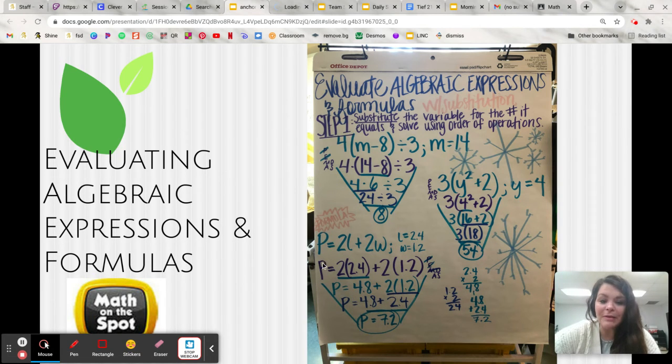I'm going to rewrite the P, which stands for perimeter, because I don't have anything over here that tells me what P equals, so that means I'm solving for P. So P equals 2 times, instead of L, I'm going to put 2.4, plus 2 times 1.2 because W equals 1.2. Then I write PEMDAS just like before and solve it, where P equals 7.2. All right, that's it.